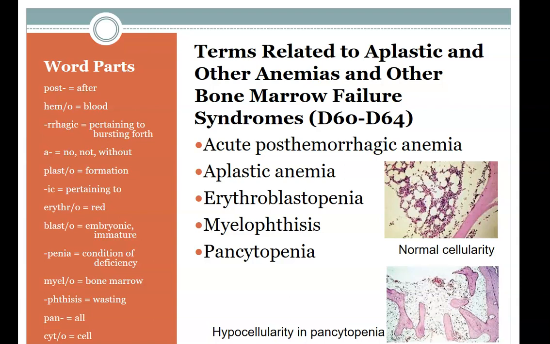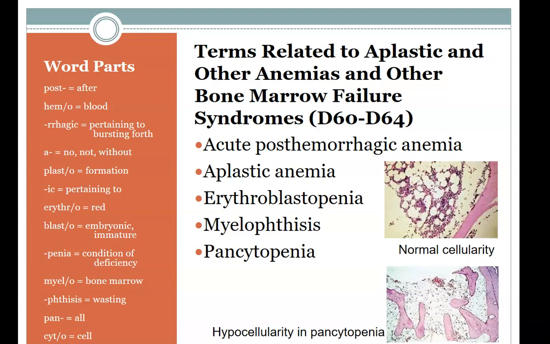It is also referred to as hypoplastic anemia. Erythroblastocytopenia is a deficiency of immature red blood cells that is significant because it indicates a future lack of mature blood cells. Myelophthisis is a wasting of bone marrow, usually with replacement by cancer cells. And pancytopenia is a deficiency of all blood cells that is caused by dysfunctional stem cells.